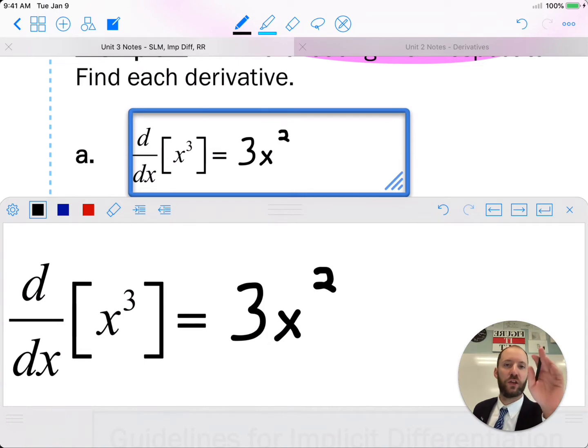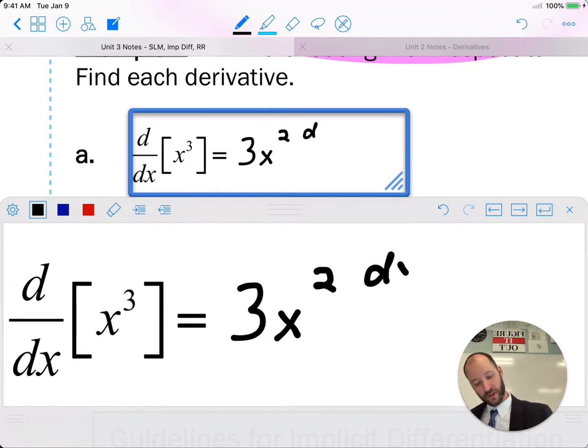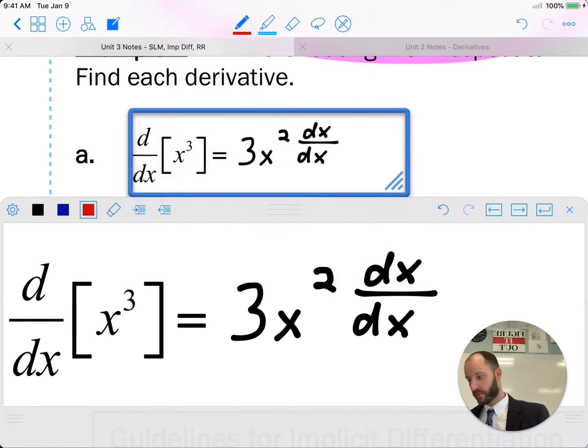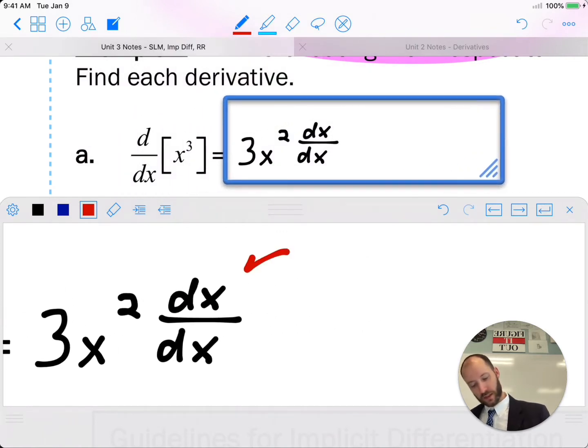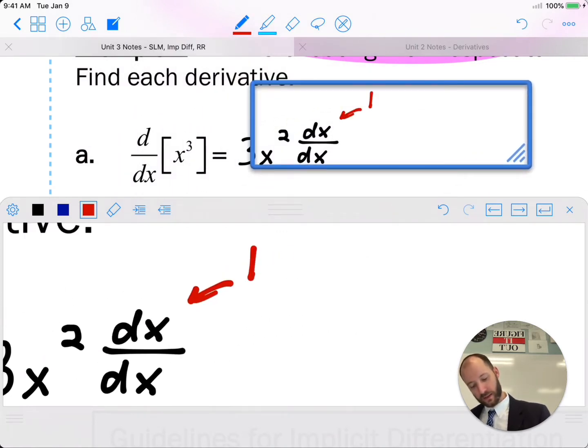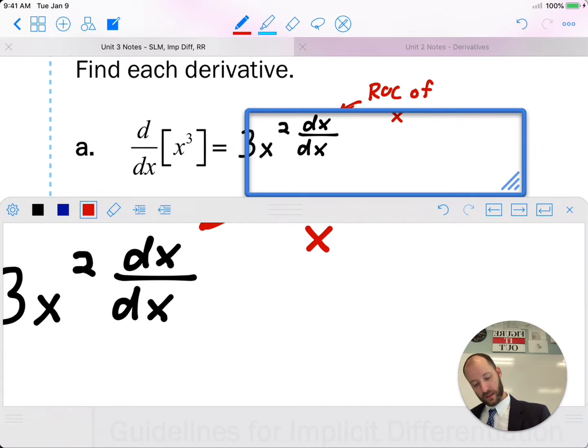Now, you're taking the derivative of x, so the derivative of x with respect to x. This numerator here is the rate of change of x. This denominator represents you doing this with respect to x.